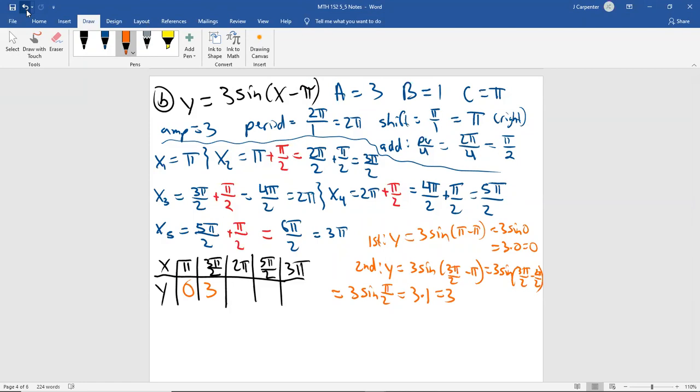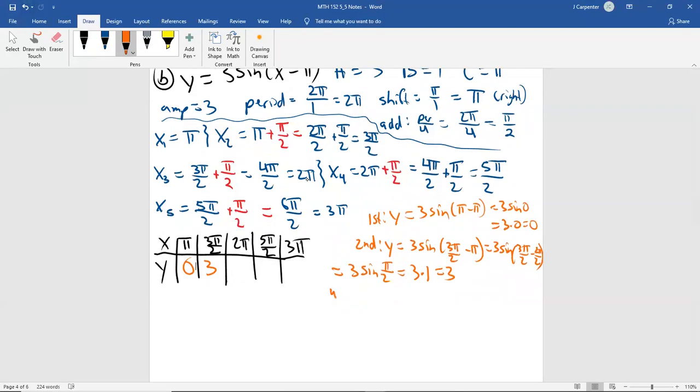I said I'd show the fourth one. I think the work to do for the third is a little easier. So let's show the fourth. Y equals 3 sine of 5 pi over 2 minus pi, which is 3 times the sine of 5 pi over 2 minus 2 pi over 2.